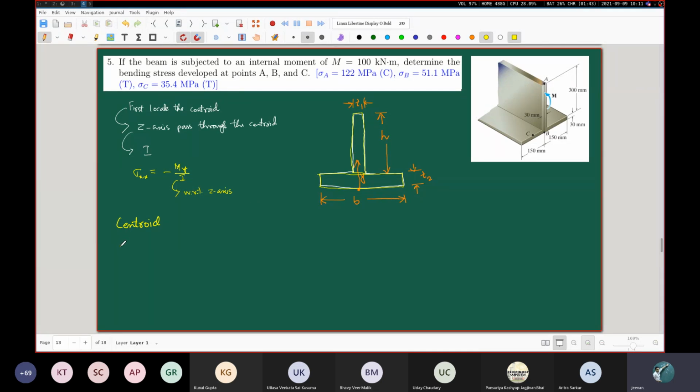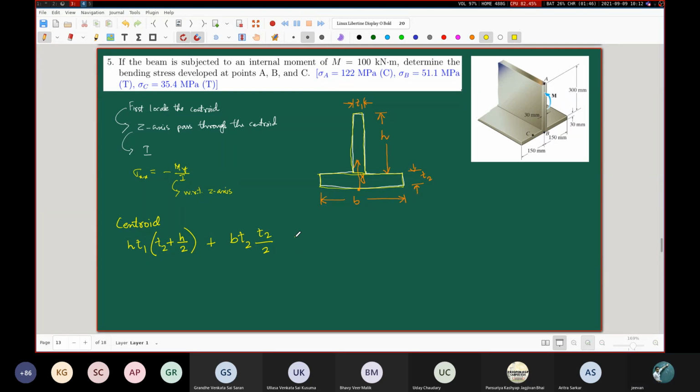For the vertical rectangle, the area is H into T1, and then you tell me what is the y coordinate of the centroid of this rectangle with respect to this bottom base. T2 plus h by 2, as simple as that. Next, for the bottom rectangle, it is simply b into T2 times T2 by 2.